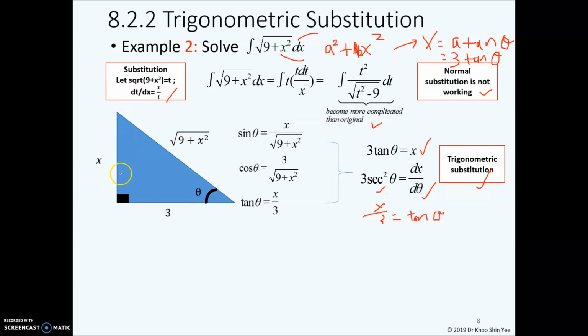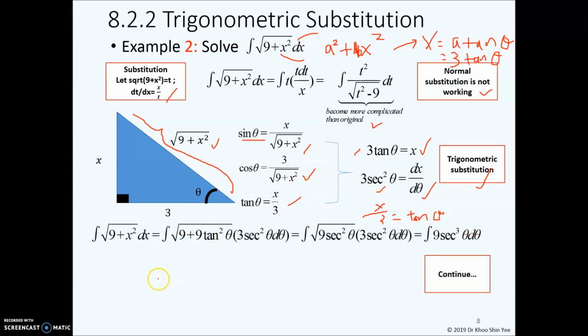You can draw a triangle where x over 3 is equal to your tangent angle, and you can get this distance, which is the square root of 3 squared plus x squared. By using the relationship for sine angle, you get x over the square root of 9 plus x squared. For the cosine angle, it will be 3 over the square root term, plus the tangent angle, which is what you have here.